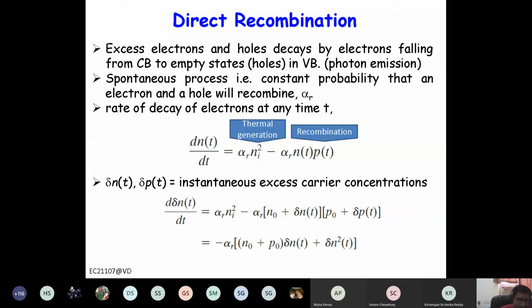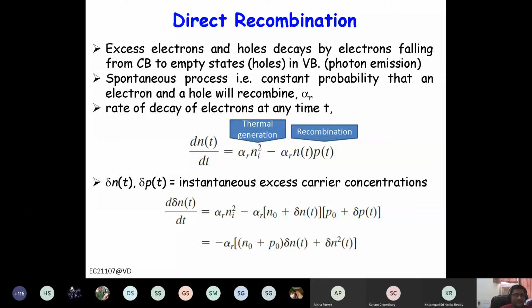These excess electron holes that are generated will recombine. Now this recombination is a spontaneous process. By spontaneous process, I mean that their recombination probability is constant, depending on the carrier concentration.